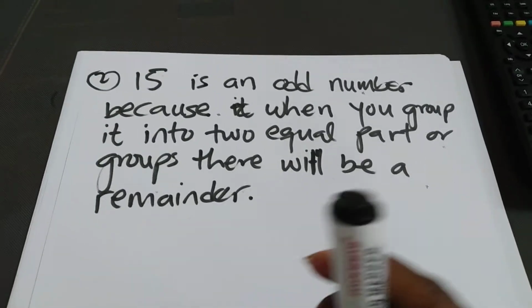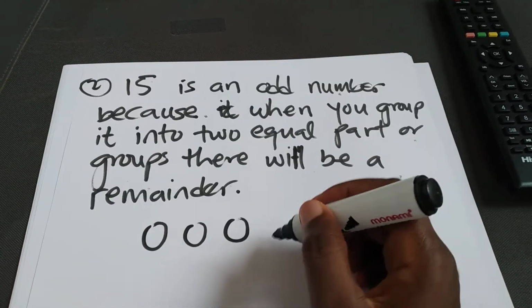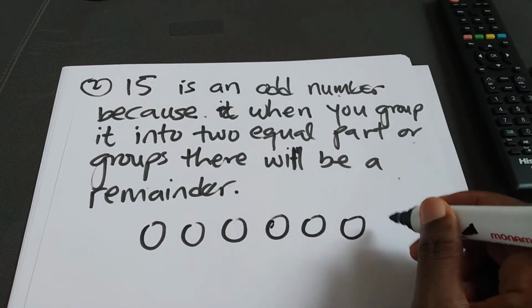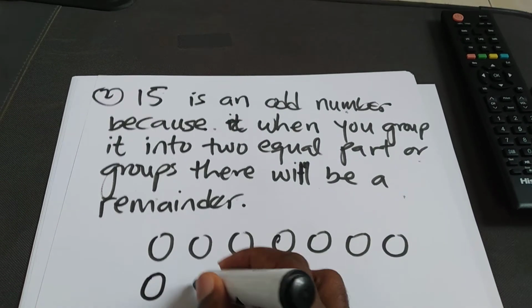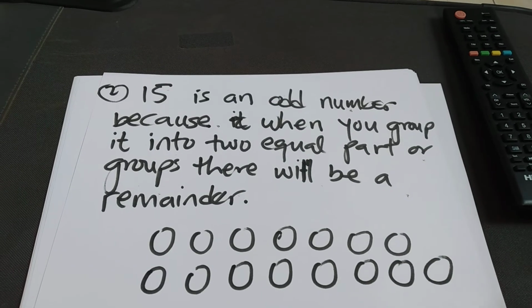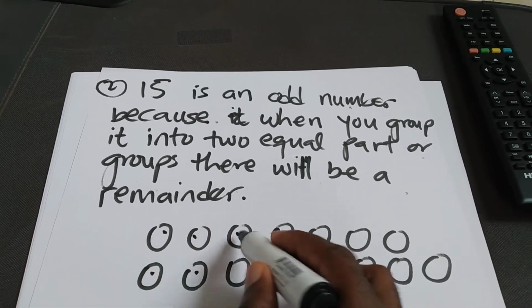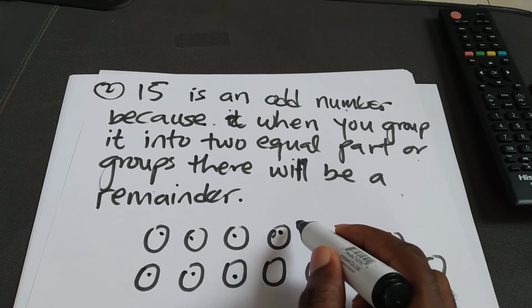Let me use some models to explain this to you. So we have 1, 2, 3, 4, 5, 6, 7, 8, 9, 10, 11, 12, 13, 14, 15. Now let me group them into groups. 1, 2, 3, 4, 5, 6, 7.